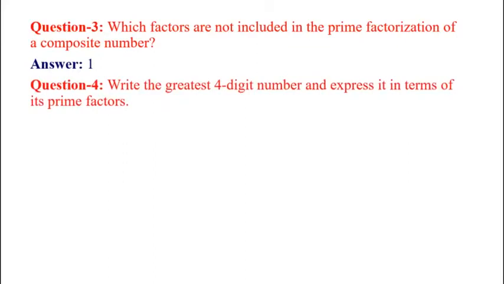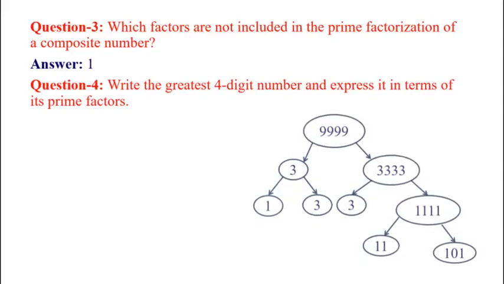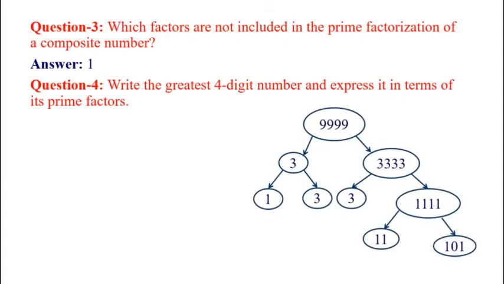Then question number 4. Write the greatest 4-digit number and express it in terms of its prime factors. So, we know the greatest 4-digit number is 9999. So, it can be factorized as 3 into 3333.